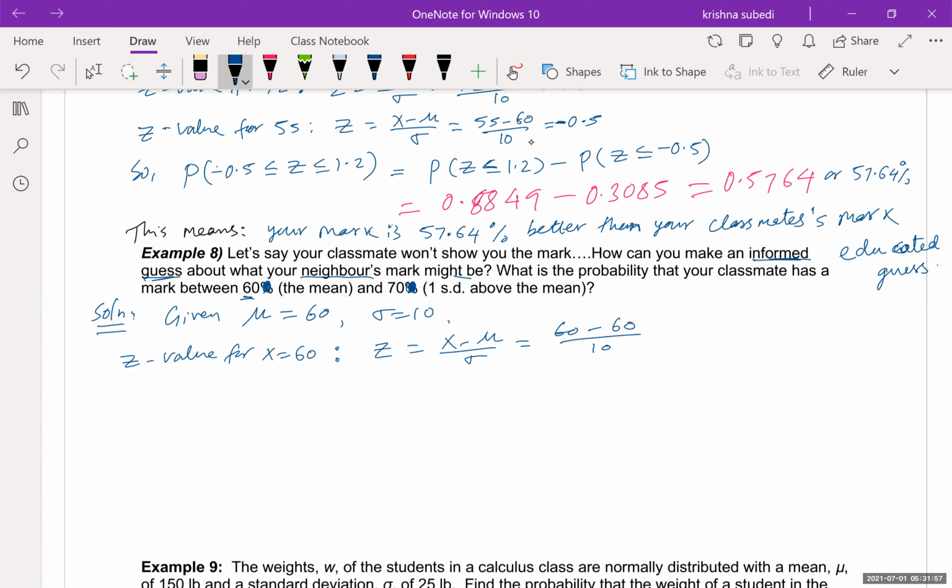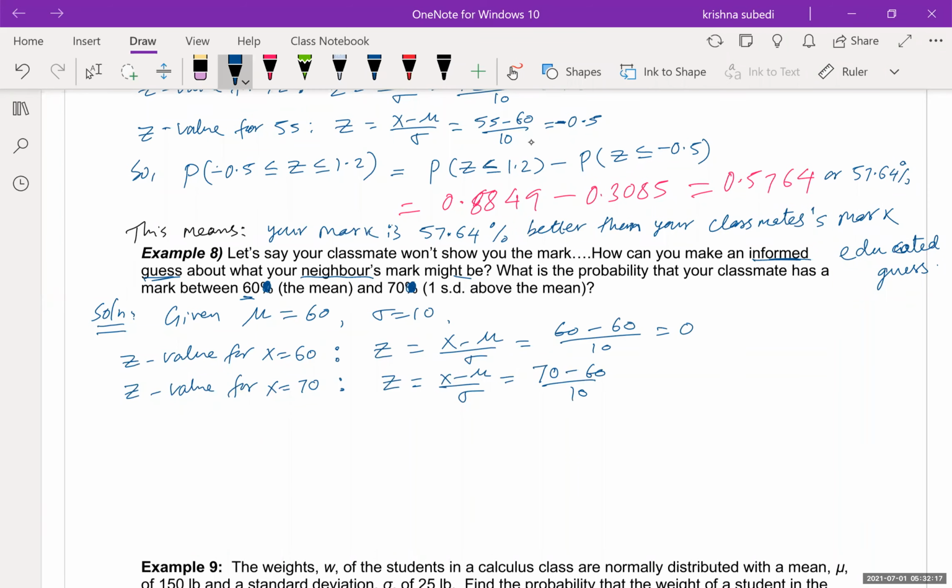That's going to give you 0. And the Z value for X equals 70: again, the formula is 70 minus 60 divided by 10, which is 1.